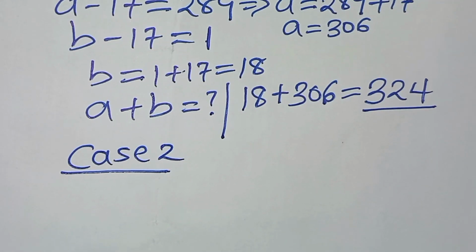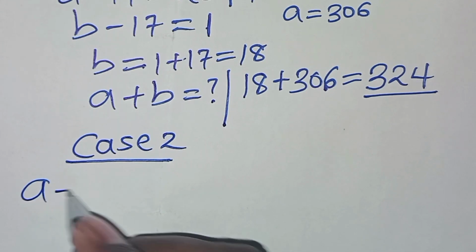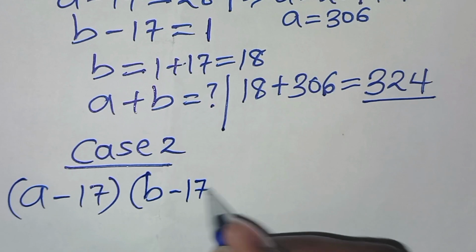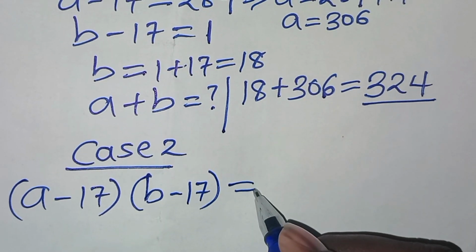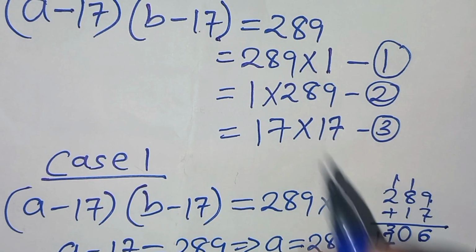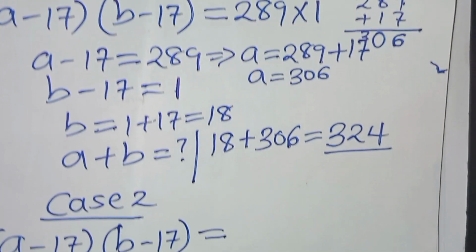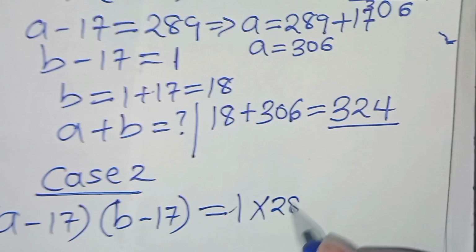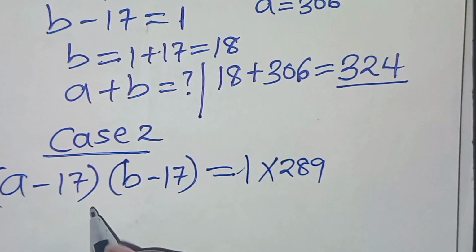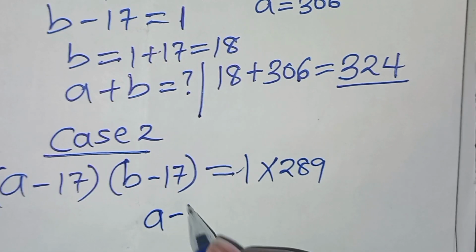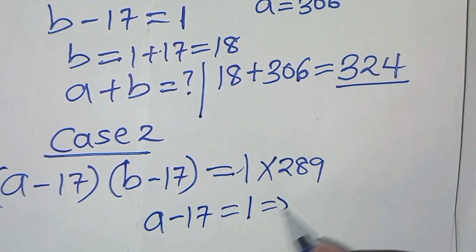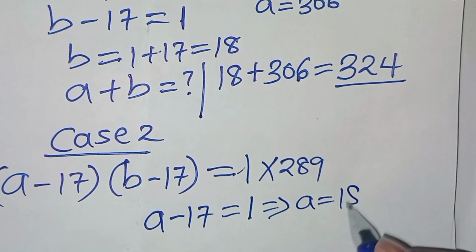Now case 2 here, we have a minus 17, b minus 17 equal to 1 times 289. So we have that a minus 17 is equal to 1, and this means that a is equal to 18.